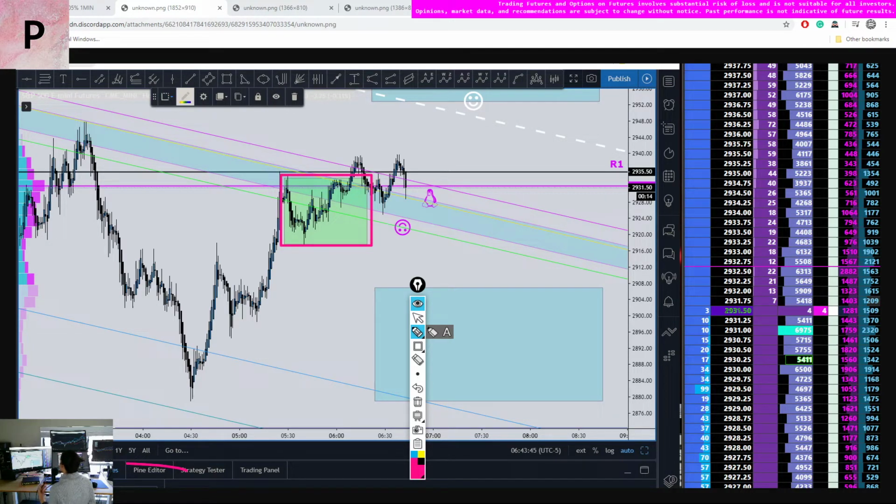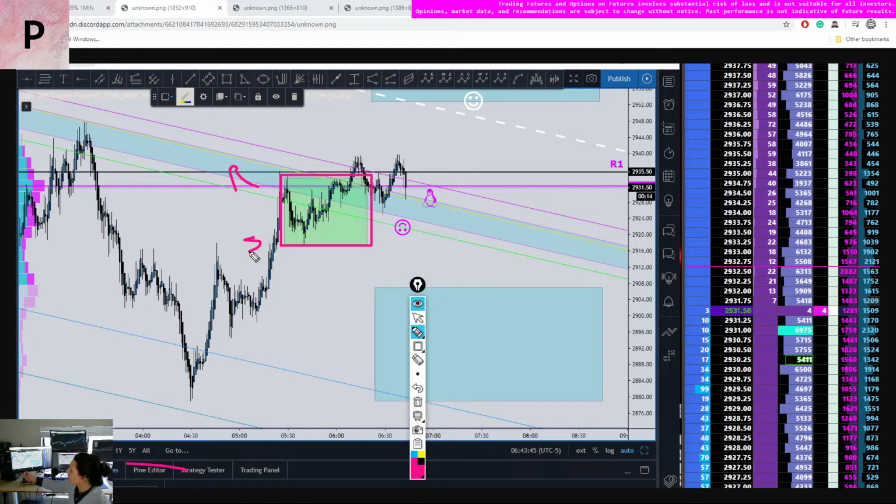Now, you might be new to this, you might not be, but support and resistance are the very foundations of technical analysis. And you can see here is your resistance, and here's your support.